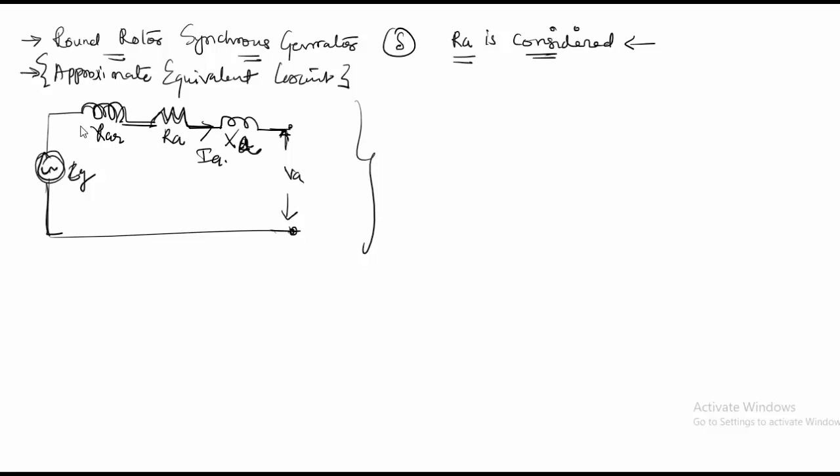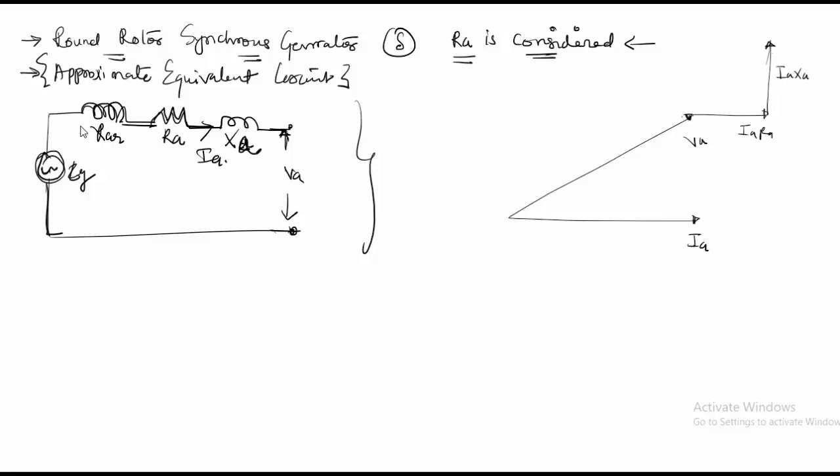So I am drawing the phasor diagram by taking the IA as a reference. So if I am taking the IA as a reference, and then I am having a lagging power factor, it's possible to show my VA this way, and this is my IARA, and making a 90 degree will be IAXS.